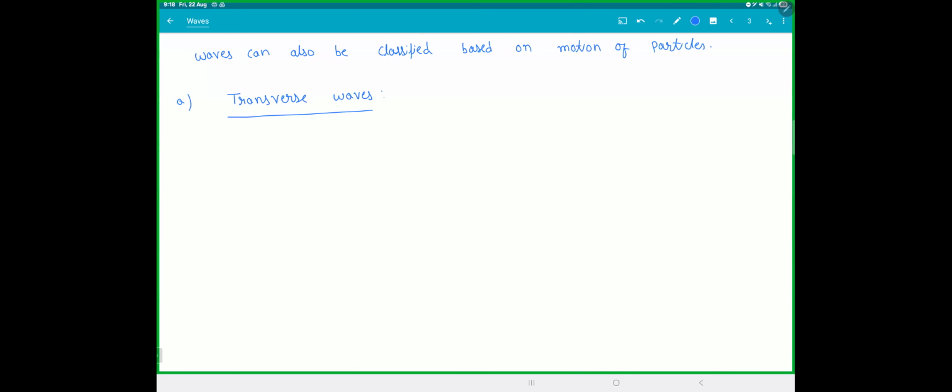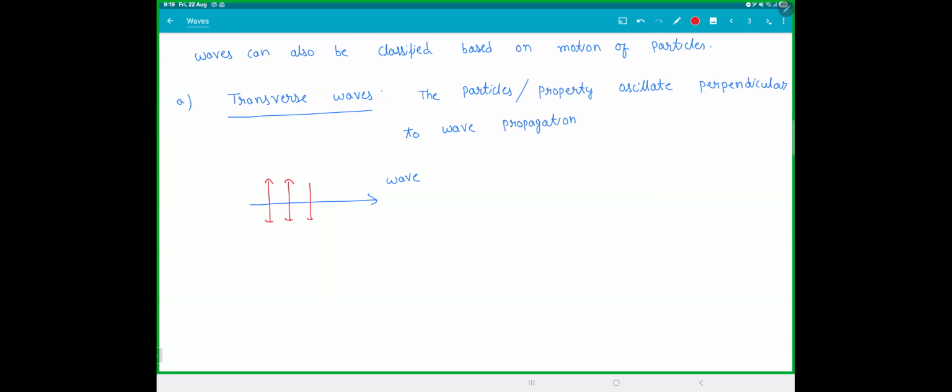In transverse waves, the particles or the property oscillate perpendicular to the wave propagation. Meaning, if a wave is traveling in one direction, these particles are going up and down. They're not going left and right, they're simply going up and down.